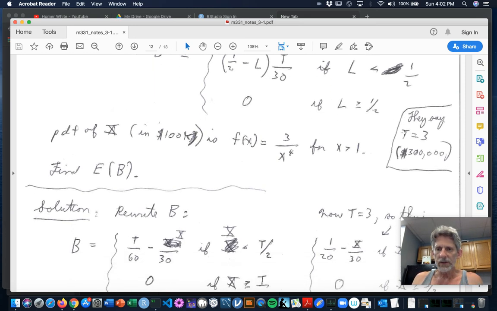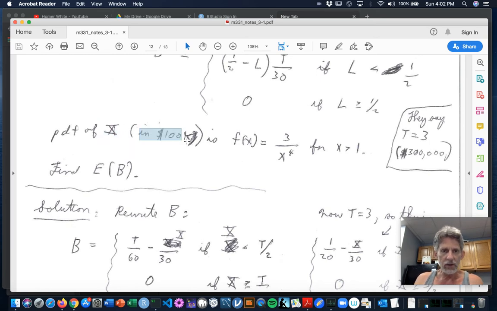And just to make things a little bit more fixed in the problem, they say, let's say that T is 300,000 bucks, and they're going to measure things in units of 100,000 bucks. So let's say that T is 3. So we'll just use that going forward. And now, what's the distribution of the loss random variable?